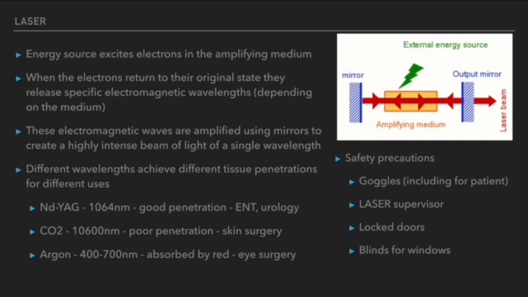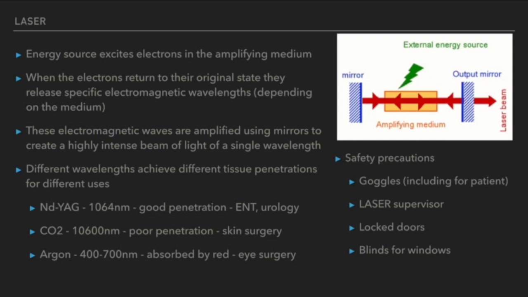I think it's in the visible light spectrum, if memory serves. So it will go through things like vitreous humor without interacting with it. And then as soon as it hits the, say, retina or the retinoblastoma or whatever it is that you're trying to vaporize, which is red, the energy will be absorbed by that tissue and it will be vaporized. So they use that in eye surgery.